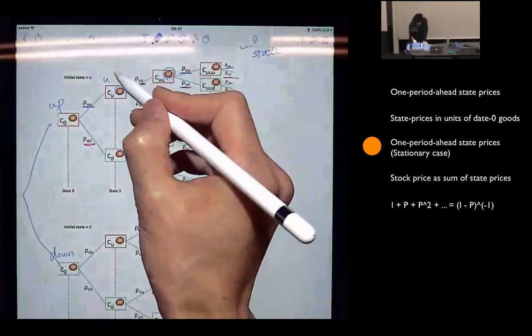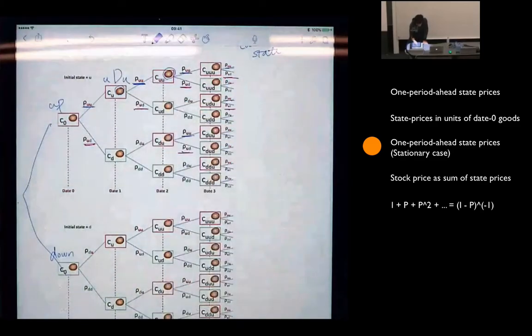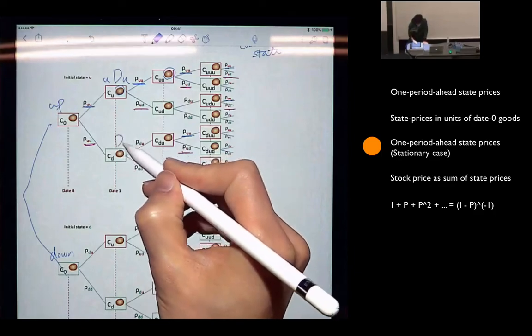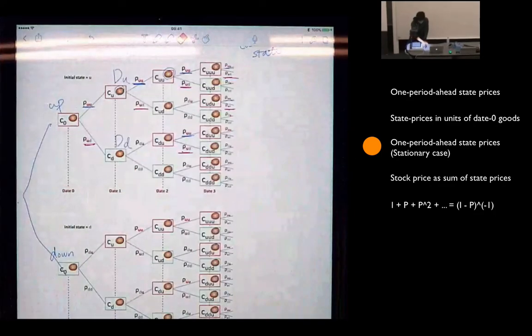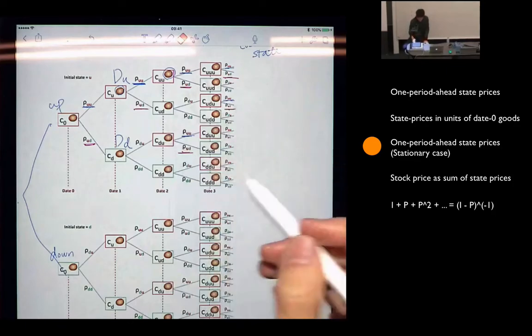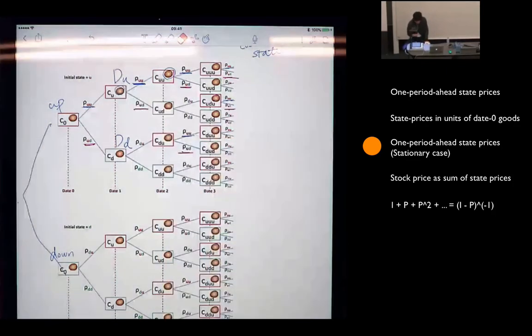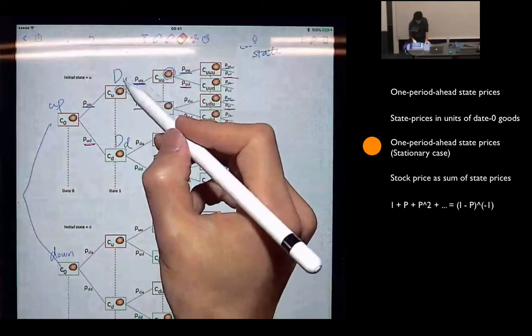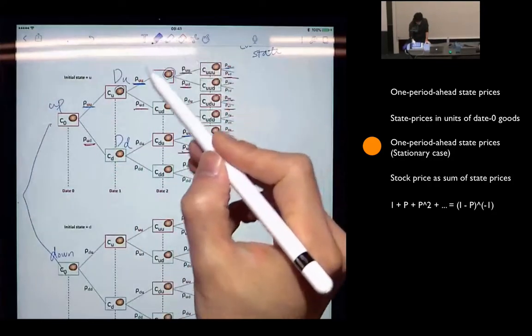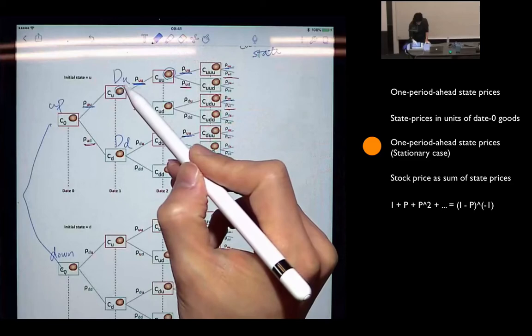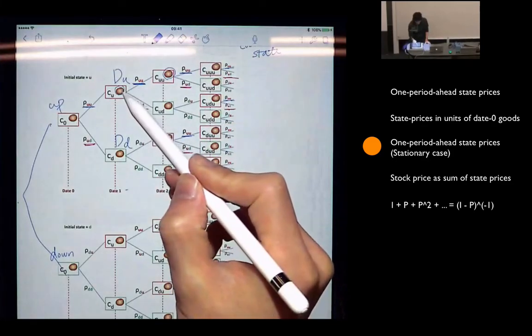So consider an asset that pays DU units of consumption goods here and DD units of consumption goods here. This asset pays you DU or DD depending on the date 1 state.